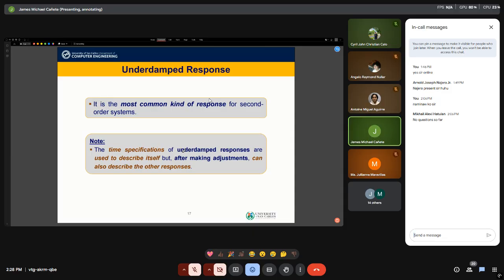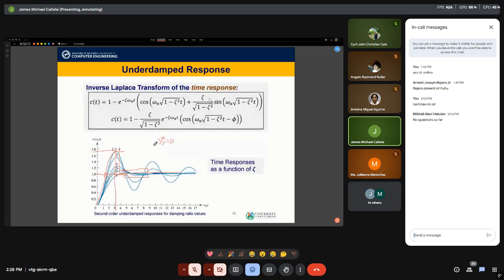Underdamped responses describe themselves, and are also one of the best ways to describe the other responses. It is like a generic response, and within the variations of this response, we can describe the undamped, critically damped, or overdamped systems.